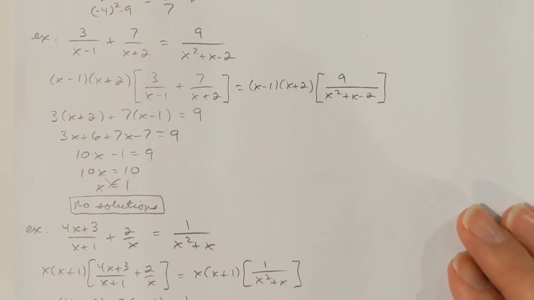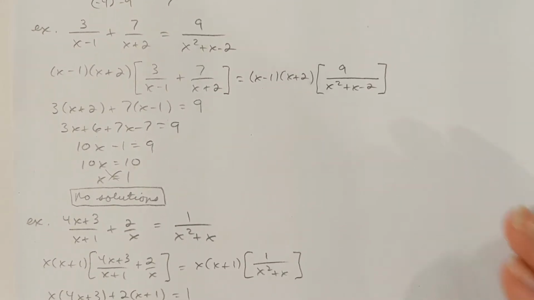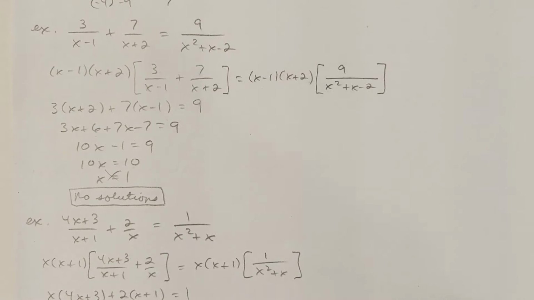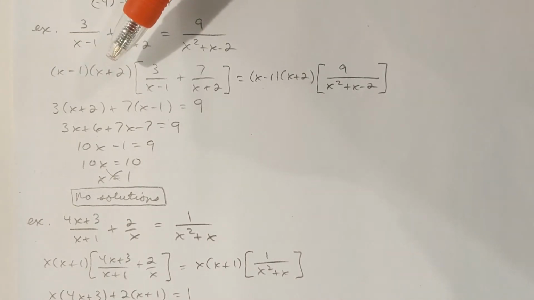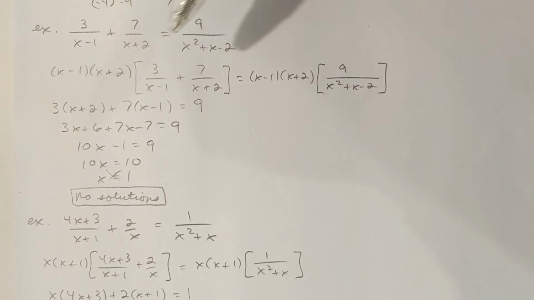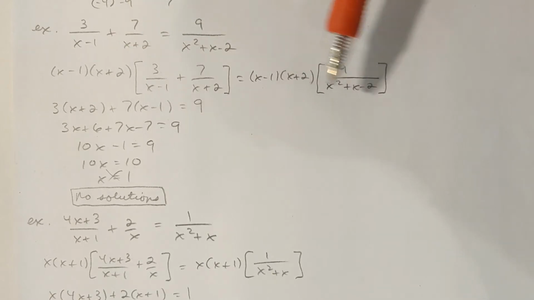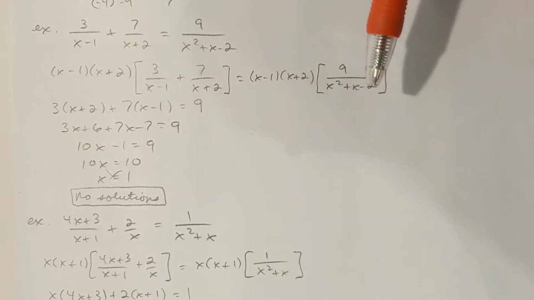Okay, here's another example. Again, we're solving for x, and again, we want to get rid of the fractions that we see pretty much right off the bat here. We can do that by multiplying both sides by x minus 1 times x plus 2. And now x minus 1 times x plus 2, that's the same as x squared plus x minus 2.